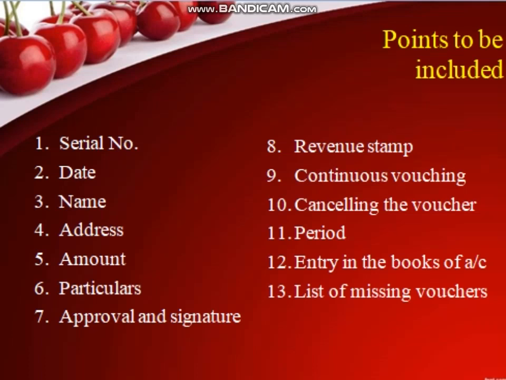These are the points an auditor should note down while checking the transactions against the supporting evidence: the serial number, the date of purchase, name, address, amount, and particulars, especially the approval and signature of the proper authority; whether there is a revenue stamp; whether it is continuous vouching; cancellation of the voucher if it is not valid; the period; whether all the transactions are entered in the books of account; and to take the missing vouchers into consideration. So these are some of the important points to be noted.